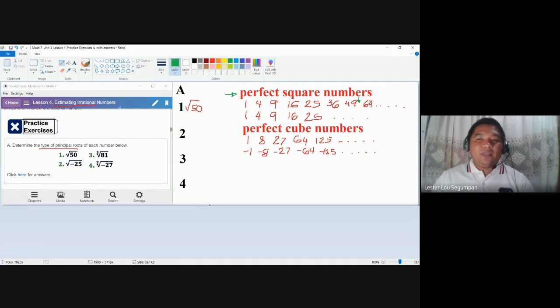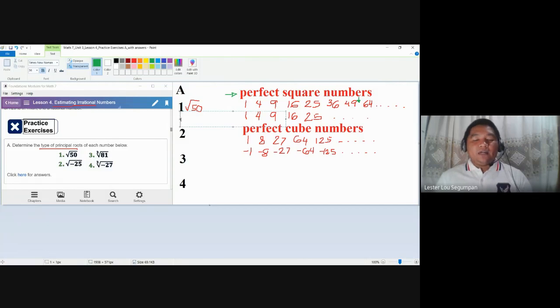As for 50, again, it's somewhere here, so it cannot be 7 nor 8. So for the answer to number 1, the principal square root of 50 is an irrational number.